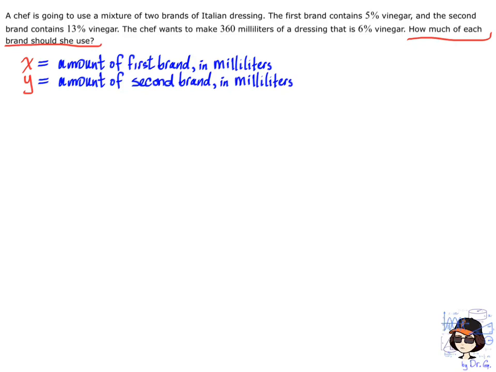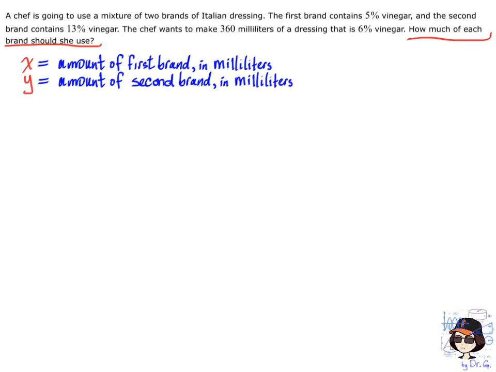Now that we have two unknowns, we realize we have to have two equations. We cannot solve a single equation that has two variables in it. So we need two equations. What are the two equations going to represent? Well, there's two things going on here.